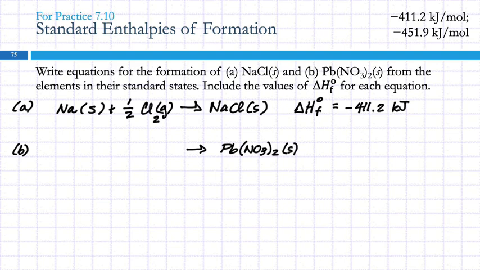And that's our product because that's just what they told us to do. What elements are in this compound? Lead, nitrogen, and oxygen. We're going to list them out separately. So lead, nitrogen, and oxygen.